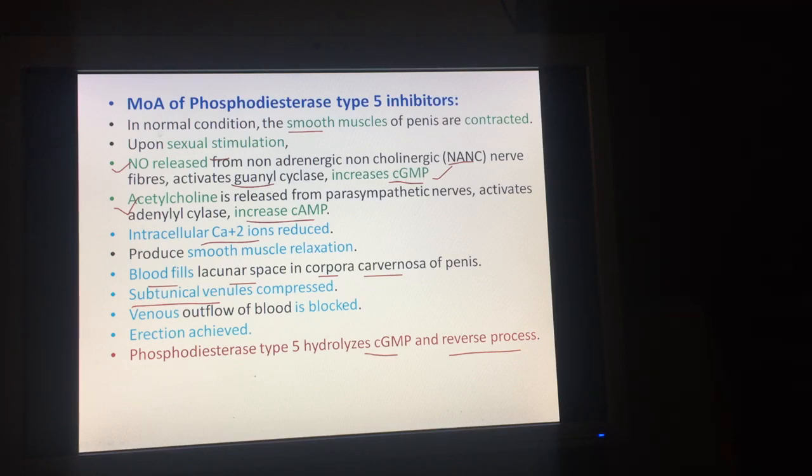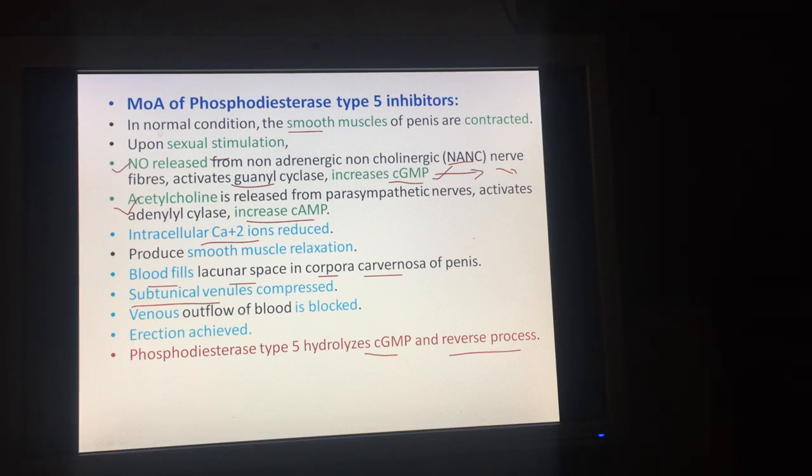So inhibitors of this enzyme are used for treatment in ED, because the normal function of phosphodiesterase type 5 is to hydrolyze cyclic GMP and reverse the process. So these inhibitors of the enzyme phosphodiesterase type 5 are used for treatment in ED.